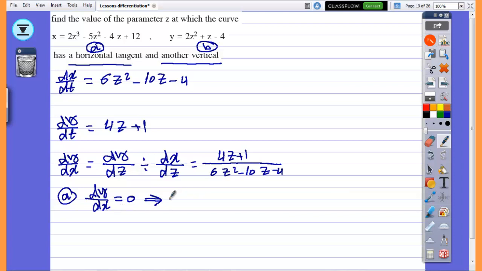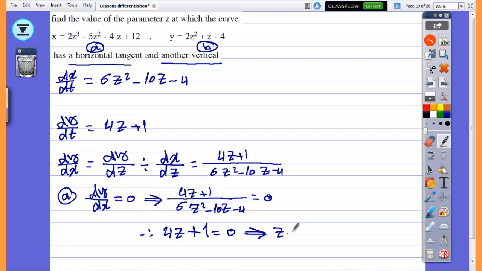So 4z plus 1 over 6z squared minus 10z minus 4 equals 0. That means the numerator equals 0. 4z plus 1 equals 0, and the parameter z equals negative 1 over 4.